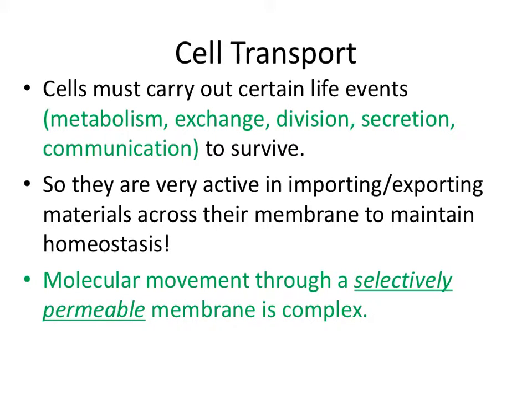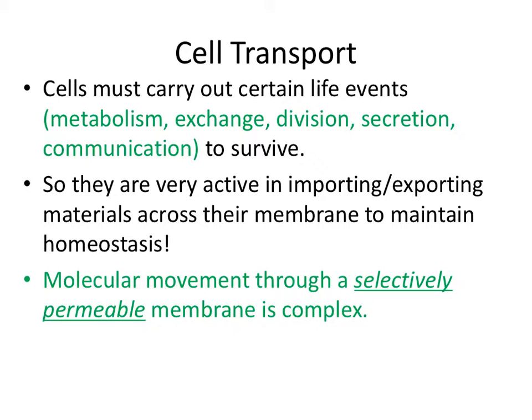So, as you know, I imagine, because we've talked about it many times before, there are certain things that cells have to do in order to survive. They have to metabolize, take food and turn it into energy. They have to exchange carbon dioxide and oxygen. They have to divide. They have to be able to communicate.